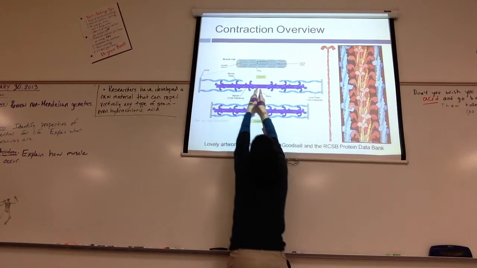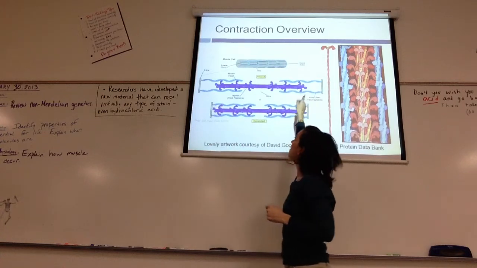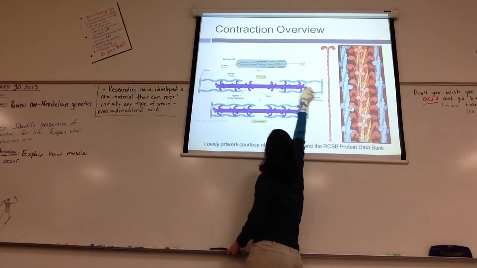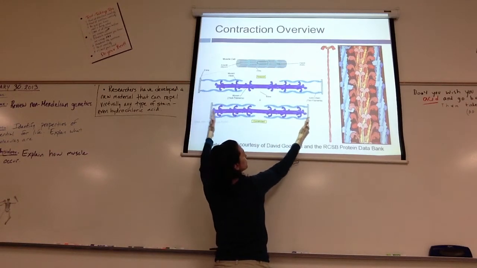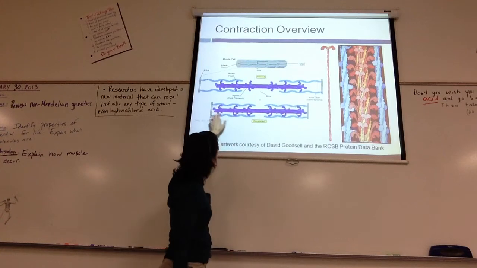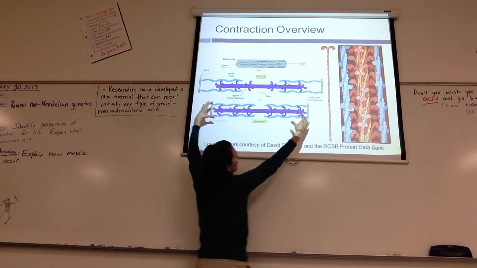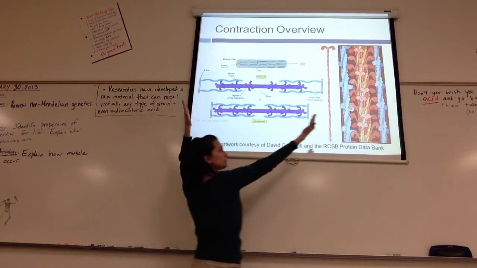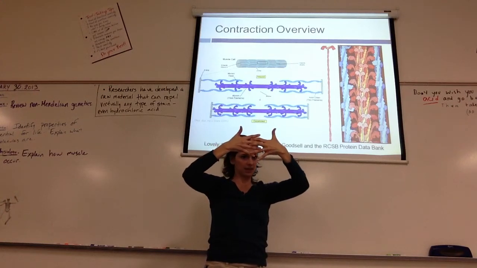First of all, when it's relaxed, the sarcomere is a whole lot longer, because the actin and the myosin are not overlapping everywhere. When it's contracted, it takes up less space, because the myosin is pulled in as far on either side of the actin as it possibly can be. As a result, the entire thing gets shorter, and as the parts overlap, they get thicker.